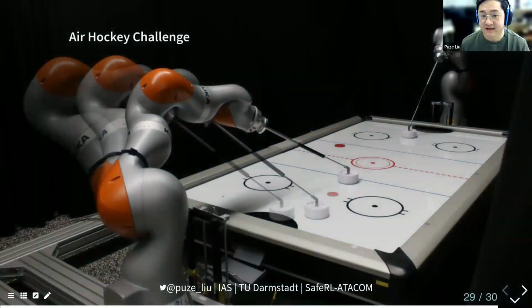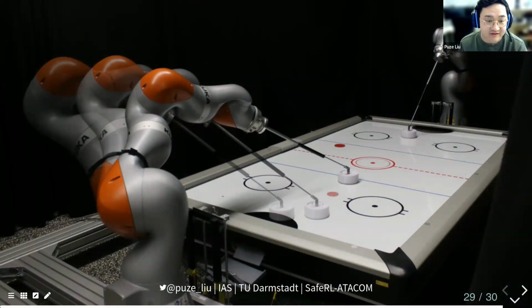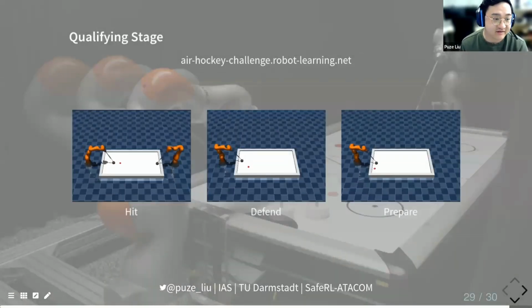Okay, I would also like to make a bit of an off-topic part, maybe not completely off-topic, an advertisement: we are trying to organize an air hockey challenge this year. The challenge is divided into 2 stages.